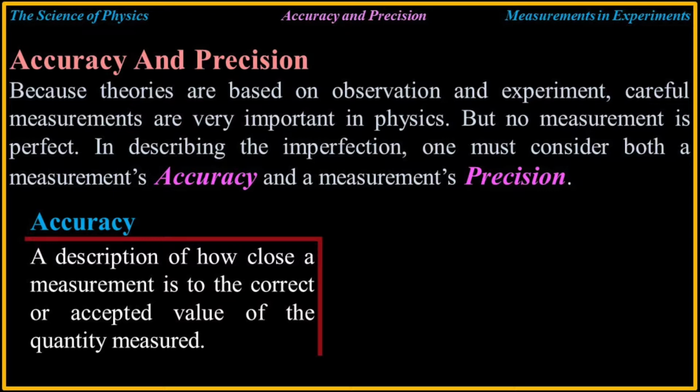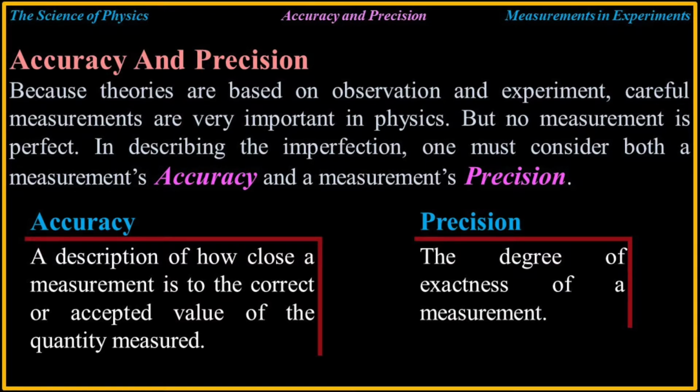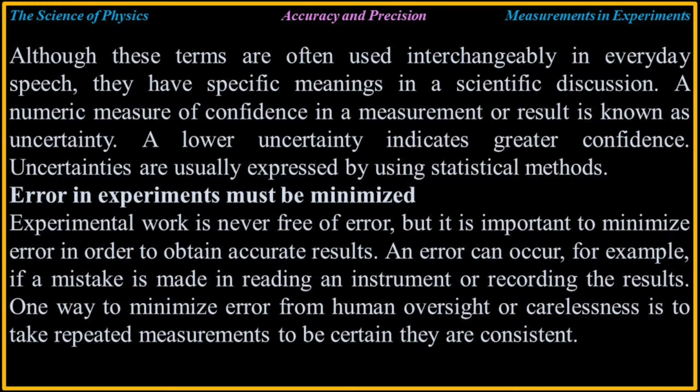Accuracy is defined as a description of how close a measurement is to the correct or accepted value of the quantity measured. And precision, the degree of exactness of a measurement. How exact, how reproducible is the measurement? If I took the same measurement 5 times, would they align with one another?